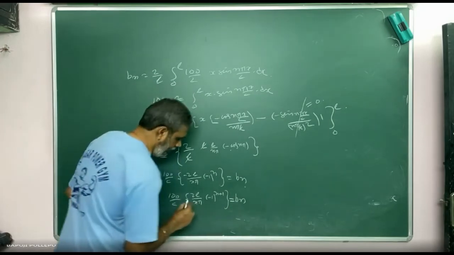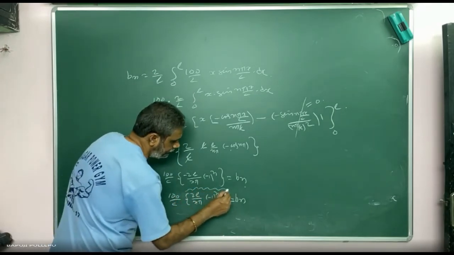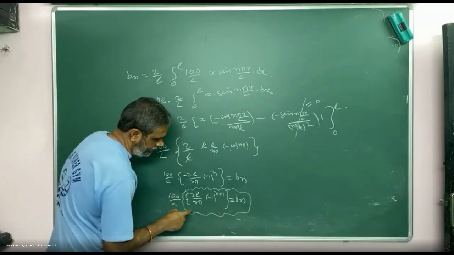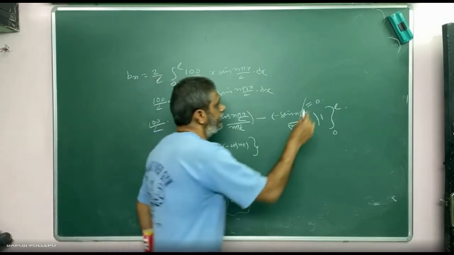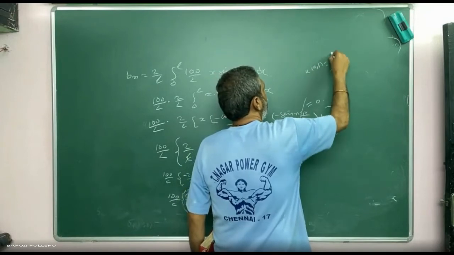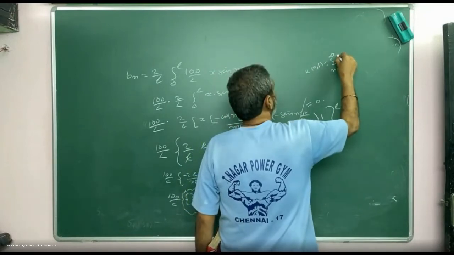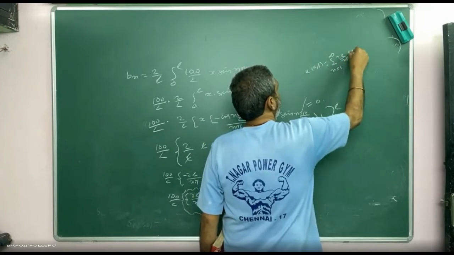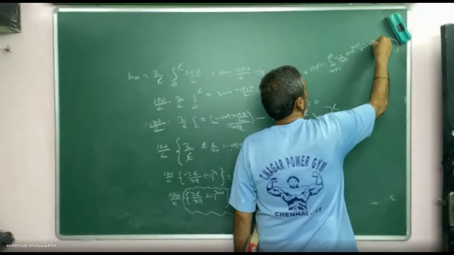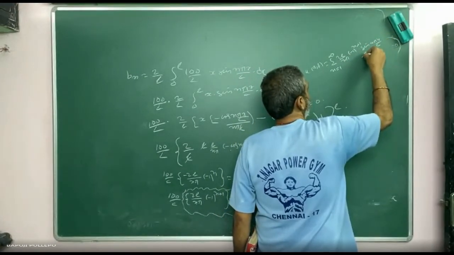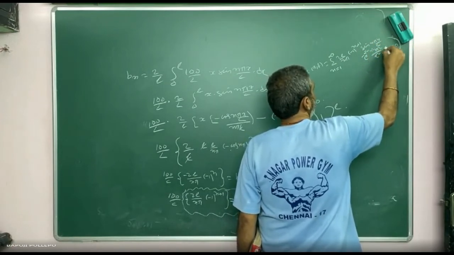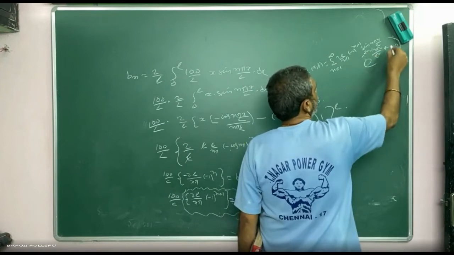Last class problem, U of x comma t is equal to n is equal to 1 to infinity 2L by n pi minus 1 to the power of n plus 1 sin n pi x by L e to the power of minus alpha square n square pi square divided by L square into t. These all are e power. So this is the solution.